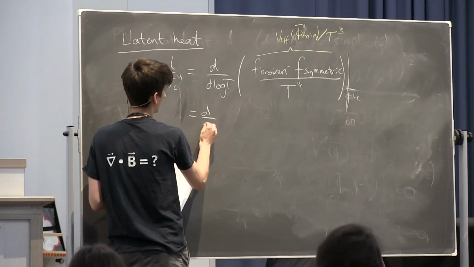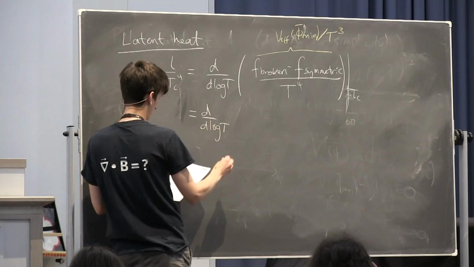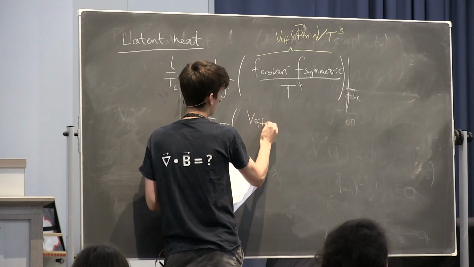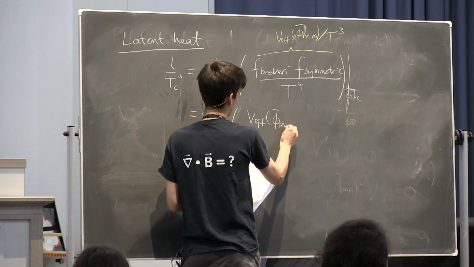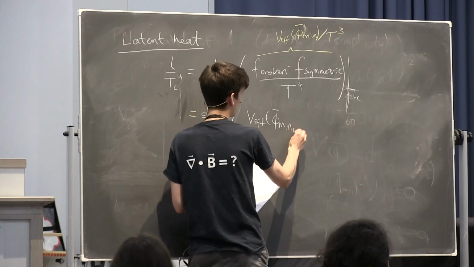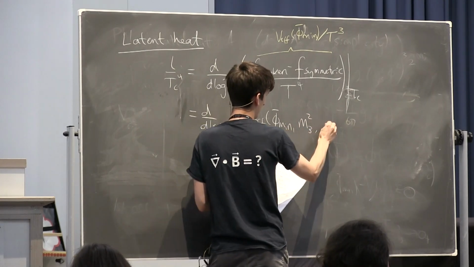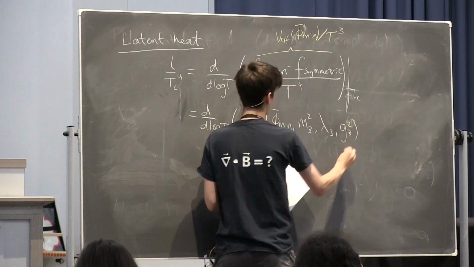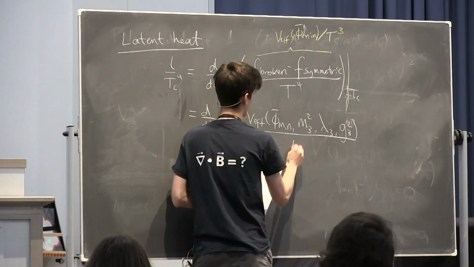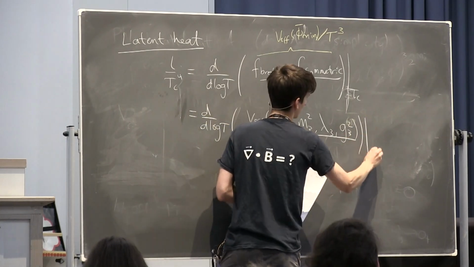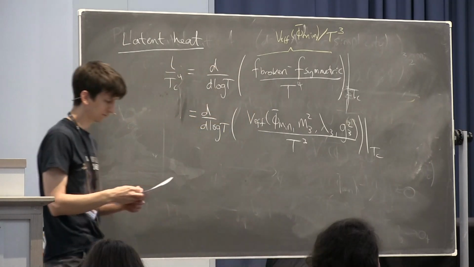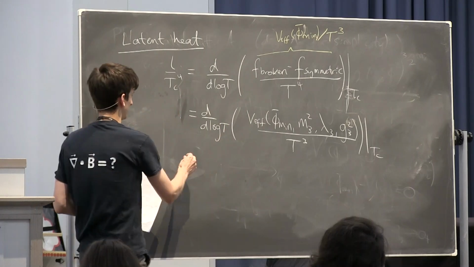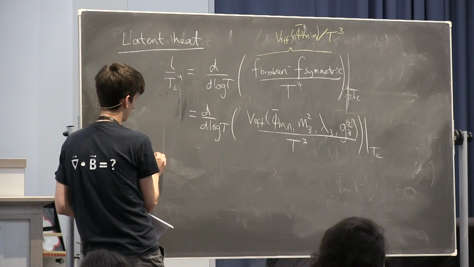So we want the logarithmic temperature derivative of the effective potential evaluated at the minimum, which depends on m3 squared, lambda 3, and g3 squared. I'm going to continue to drop the A0 field, again, just for simplicity, evaluated at Tc. And we know the potential now, so we can go ahead and evaluate this.